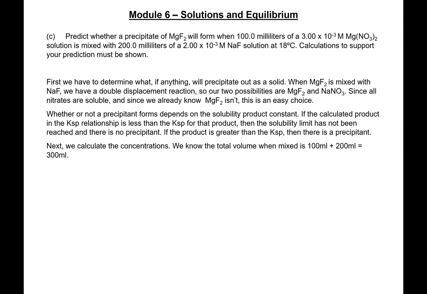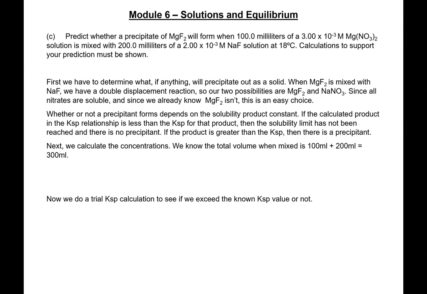If, on the other hand, it's greater than the KSP, then we do get a precipitant. And so now we can calculate the concentrations. We have 100 mils of one solution, 200 mils of another, so I get 300 milliliters total.